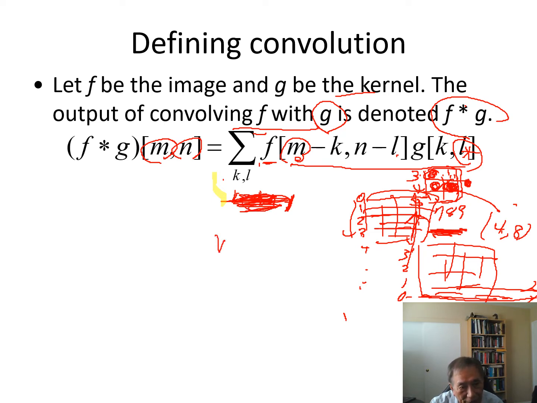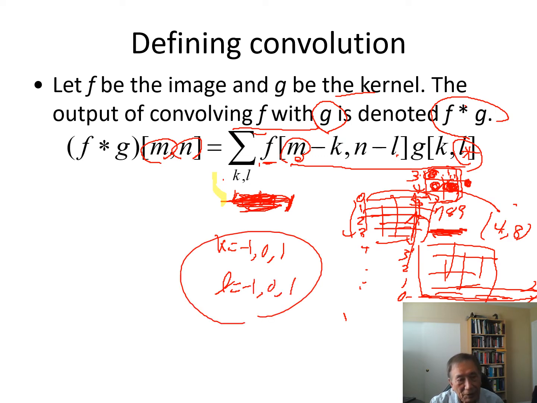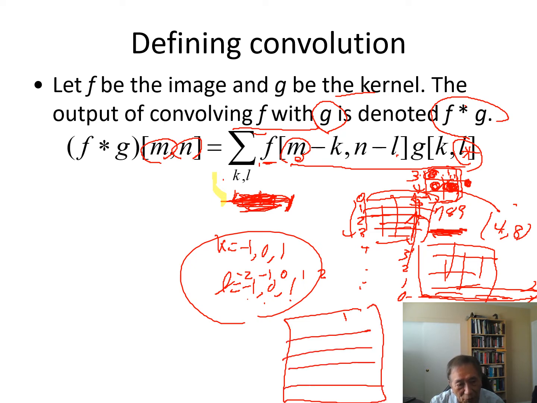This one, K equals minus 1, 0, 1. L is minus 1, 0, 1, like that one. So go left to right like that. It can be -2, -1, 0, 1, 2, and then L is -2, -1, 0, 1, 2. That means our template or kernel can be 5 by 5.